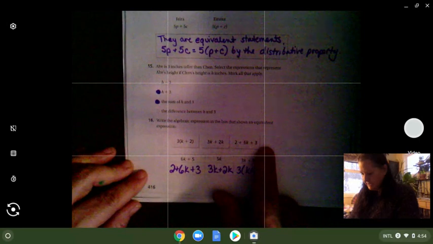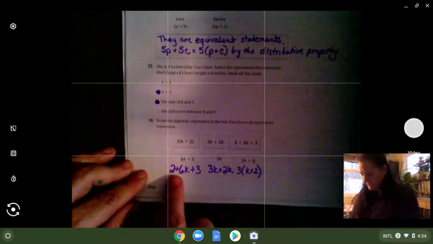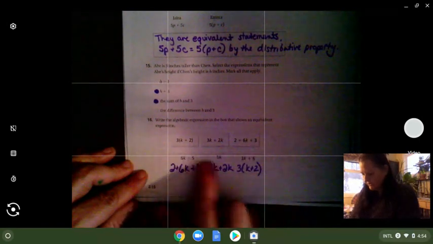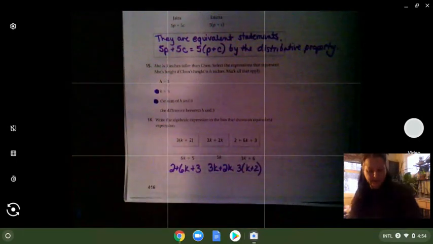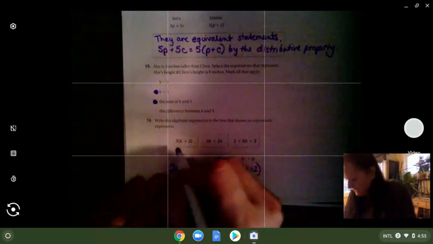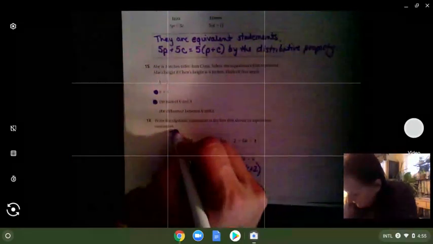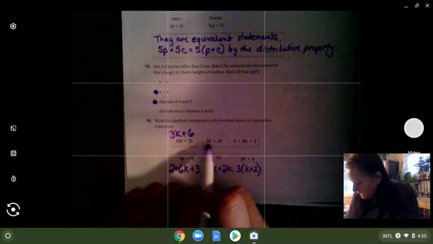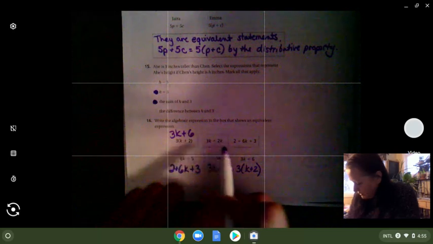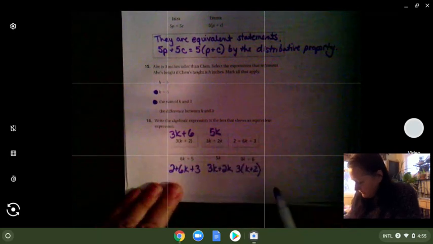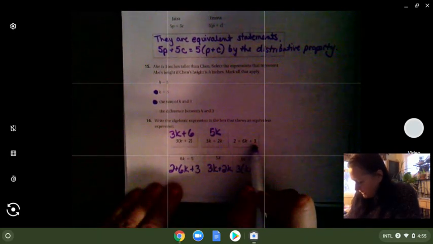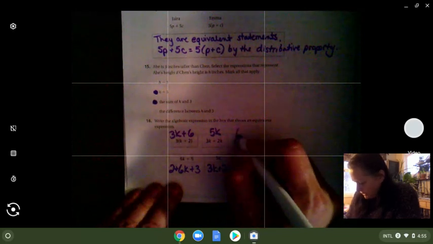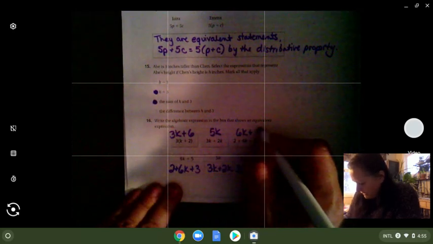So they give us these expressions, and we are looking to see which of these are equivalent to these right here. So what I did was I checked to see, this one I could distribute. So this would be 3k + 6. This one I can combine like terms. 3k + 2k is 5k. This one I can combine the 2 and the 3, because those are like terms, so I would get 6k + 5.